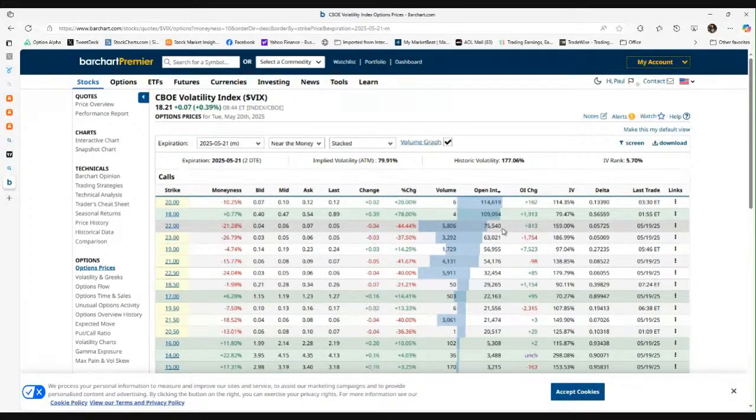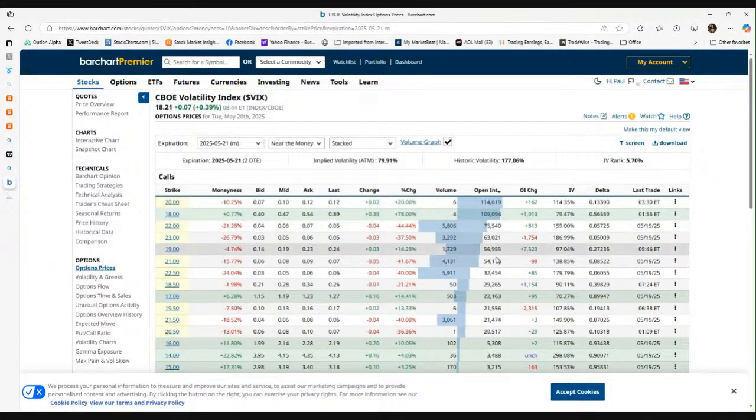Let's look at the open interest here. Calls at 20, calls at 18. There's your inflection point. All this stuff is out of the money. It's basically worthless. You see 4 cents, 6 cents. There's nothing to talk about. What matters is this, 18.